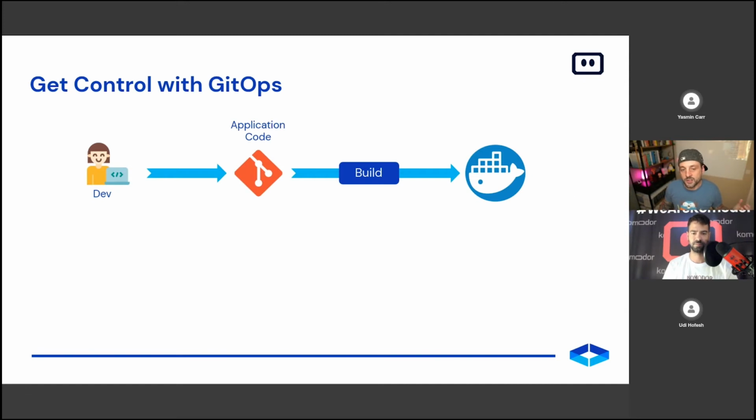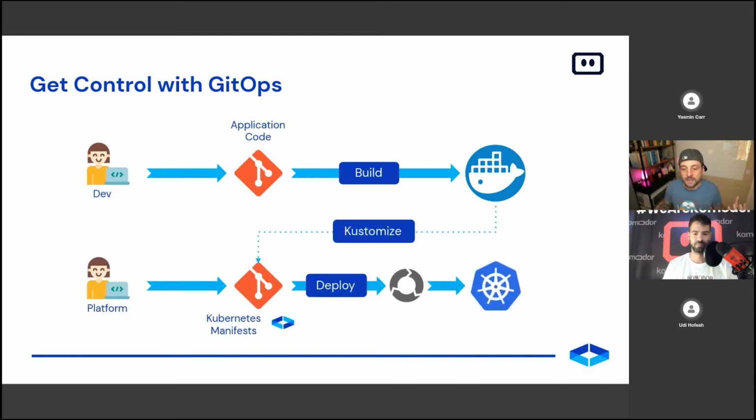So GitOps is just this idea of, instead of pushing stuff yourself in Kubernetes using kubectl, you just, again, make use of an operator that sits in your Kubernetes cluster, and that's going to look for changes. If you see on the left here, into the Kubernetes manifest, it is going to watch for changes there. So, a traditional pipeline would be that a dev, on the top, creates their application, triggers the CI pipeline. The CI pipeline builds a new container image.